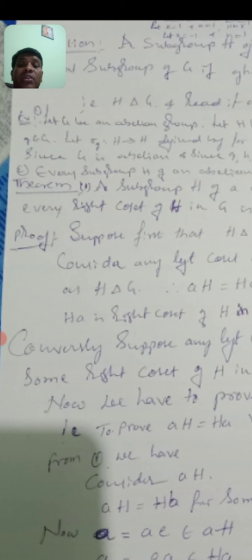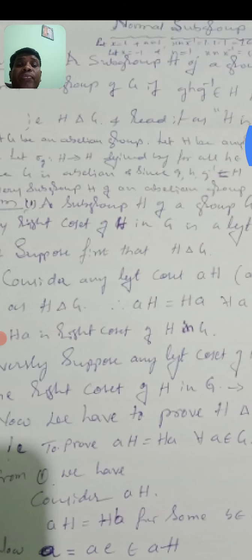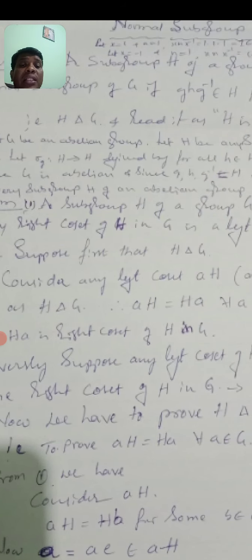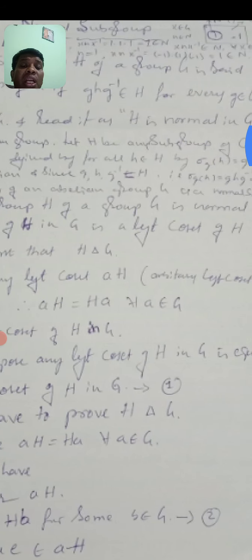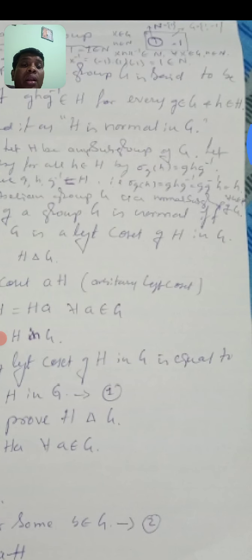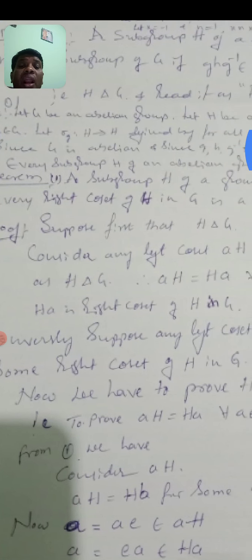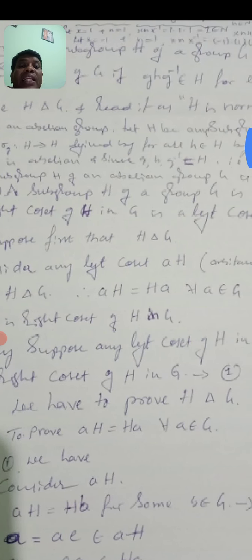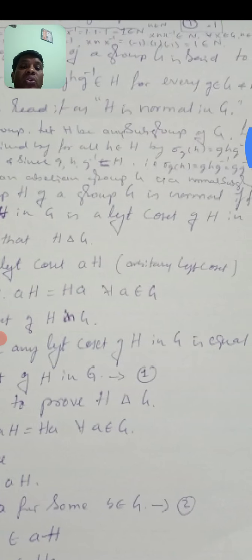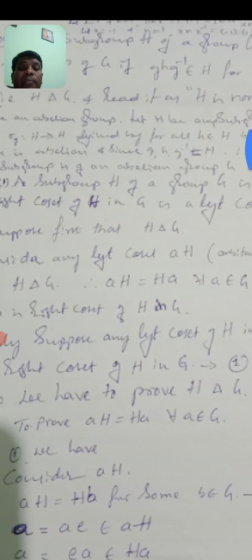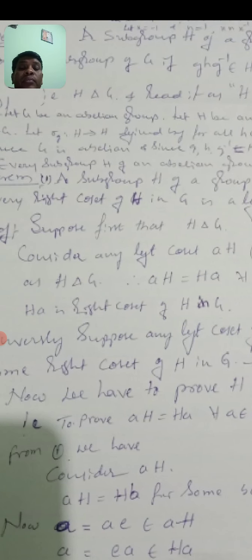The first one is: a subgroup H of a group G is normal if and only if every right coset of H in G is a left coset of H in G. This is the statement of the first theorem.